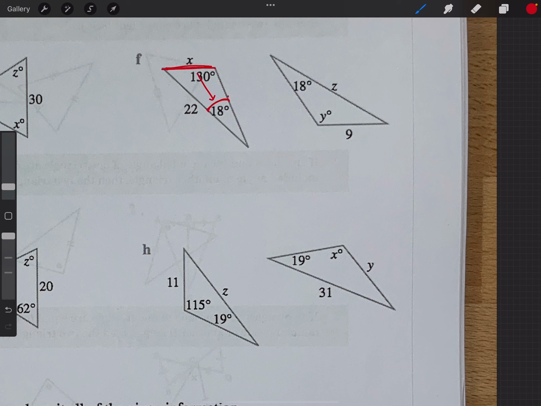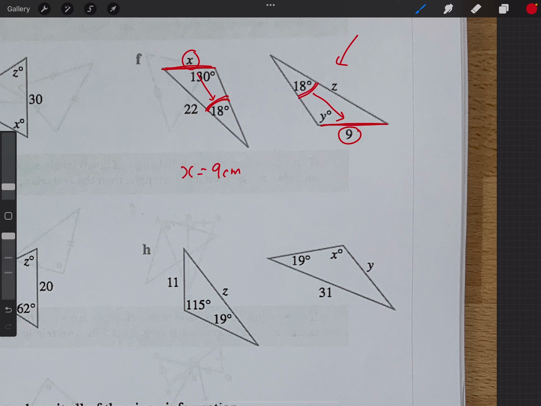It's opposite this vertex with the angle 18. So I look at the second triangle and I can see that this 18 is going to be opposite this length here. If this is 9, then this must be 9 as well. So X is equal to 9 centimeters.